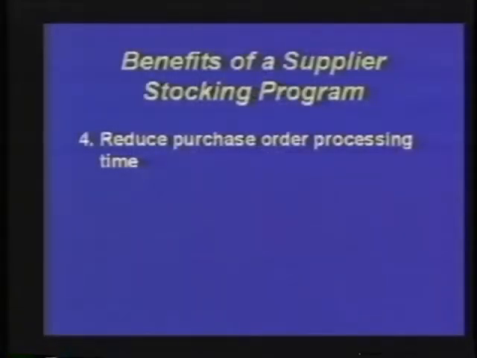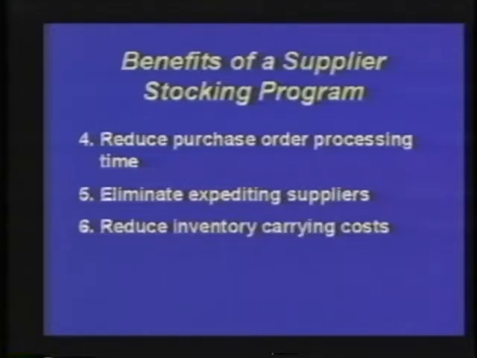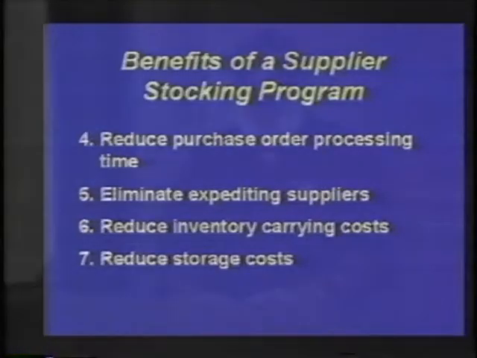You should be able to eliminate expediting suppliers, because when you look at the terminal, you know exactly what the supplier has on hand, and you also know what that supplier's minimum is based upon the program when it was originally established. You're going to reduce inventory carrying costs for yourself, which is the major benefit. And last but not least, you're going to reduce your internal storage costs.